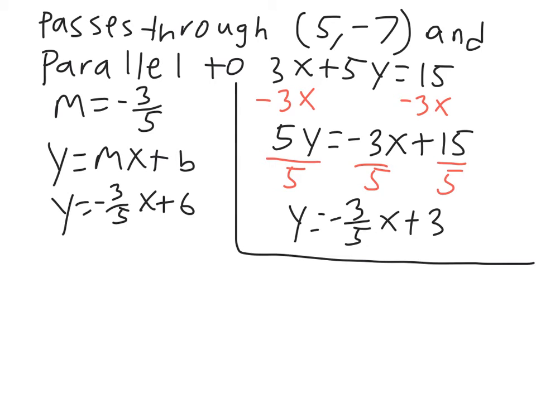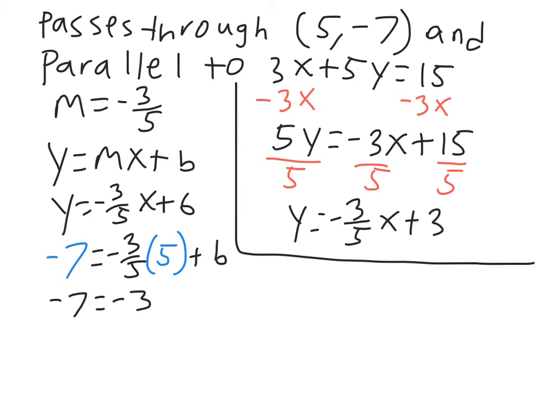So that's going to give us -7 = -3/5 times 5 plus b. Now we multiply that out, which gives us -7 = -3 plus b, because these two 5s just cancel each other out.